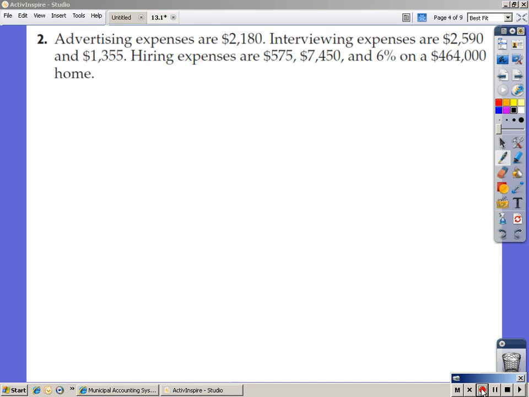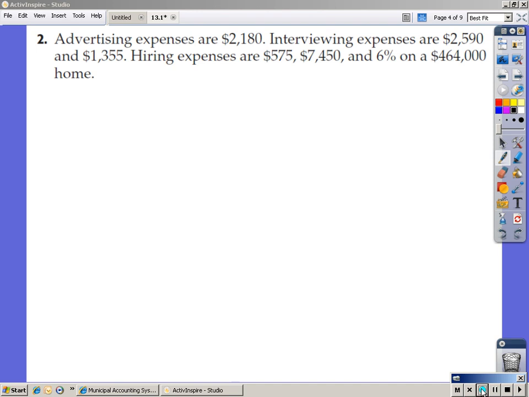Okay, number 2 says advertising expenses are $21.80, interviewing expenses are $25.90 and $13.55. Hiring expenses are $575, $74.50, and 6% of a $464,000 home.